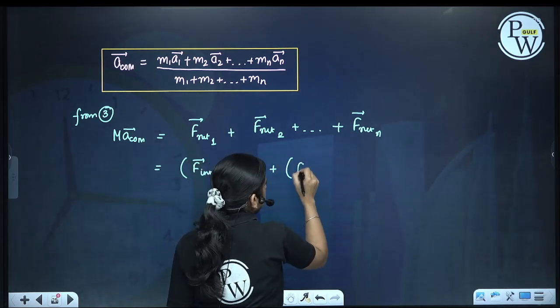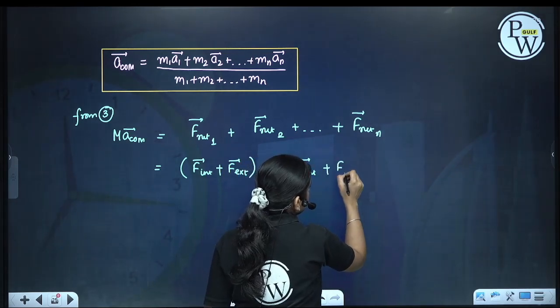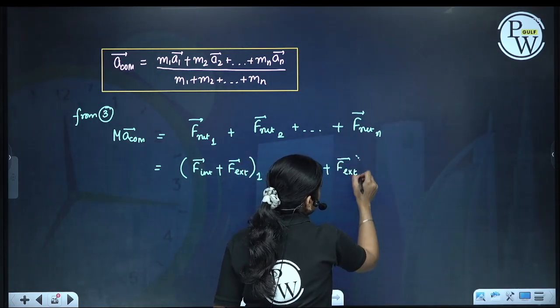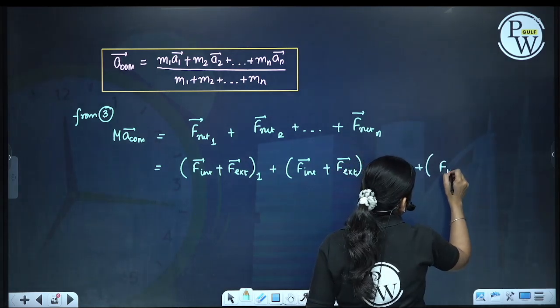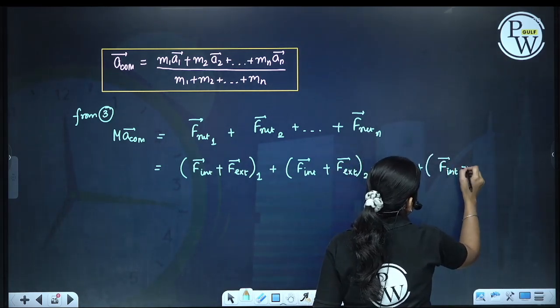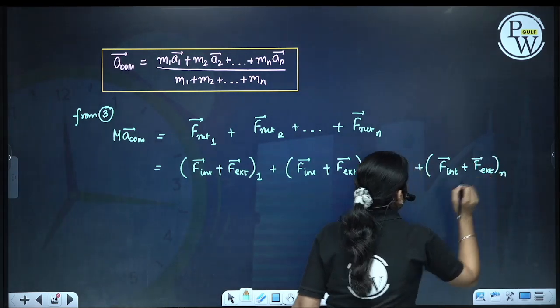Then similarly, the net force on particle number 2 will be the internal force plus the external force on particle 2, and so on, up till the internal force plus the external force on particle number n.